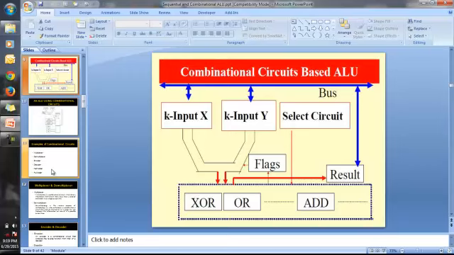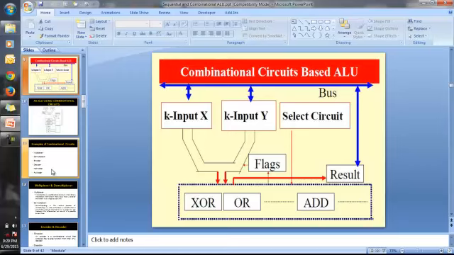X input and Y input are the two inputs taken here, each with K number of bits. K bits for each of X and Y are taken as the number of bits in X and Y, and here you can have a signal with flags.